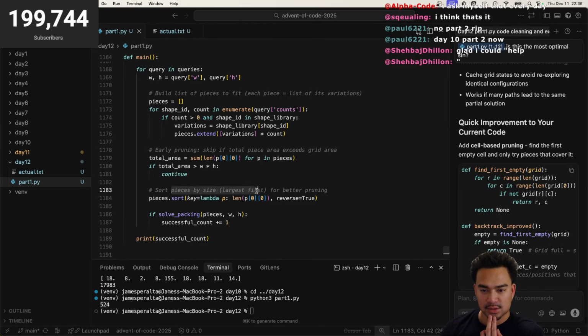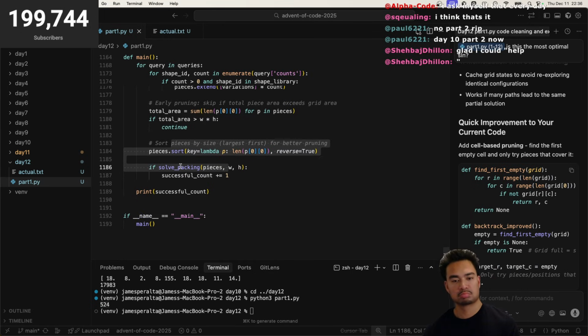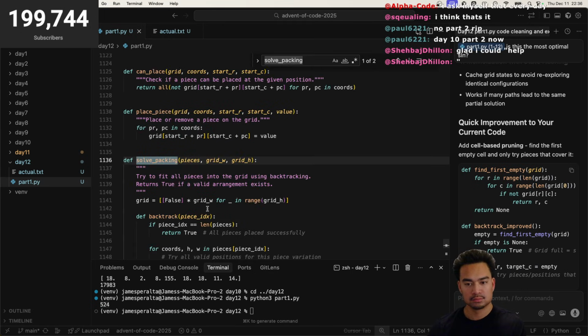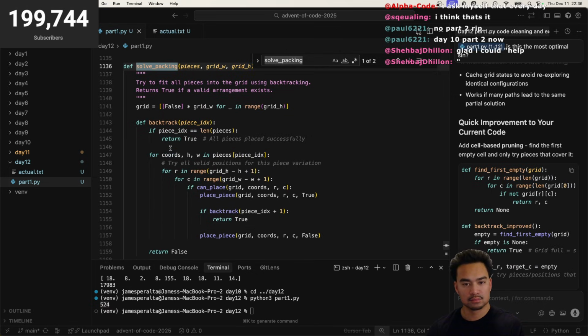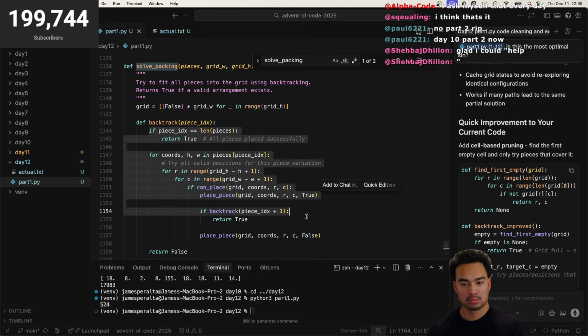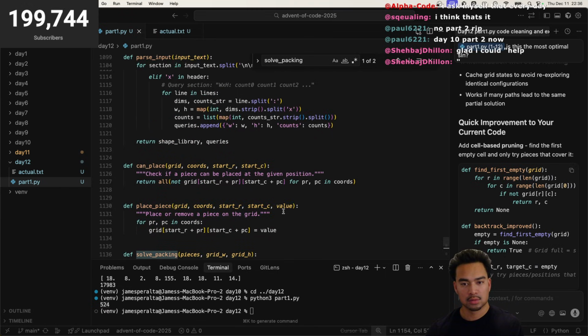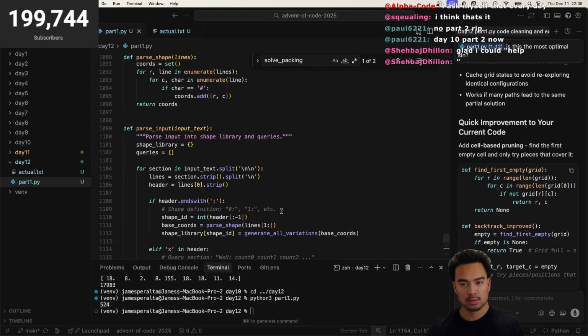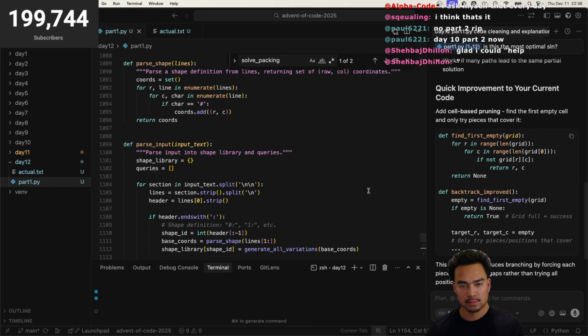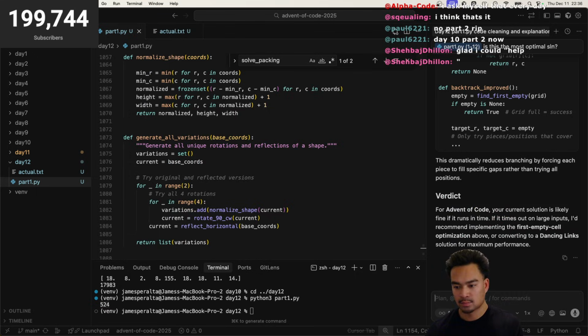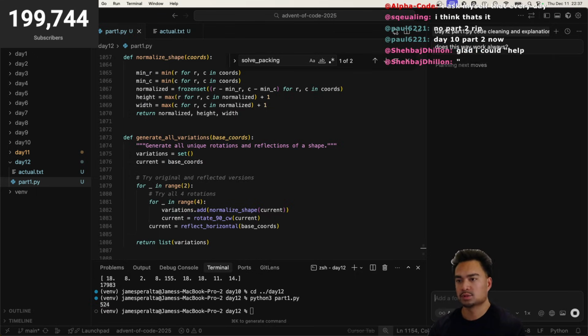Sort pieces by size, largest first. Does this way work always?